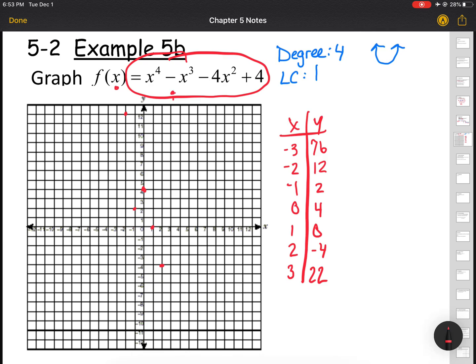And all we need to do is connect them roughly. Here we have that U shape with the end behavior both going up forever in the positive infinity direction, according to our degree and our leading coefficient.